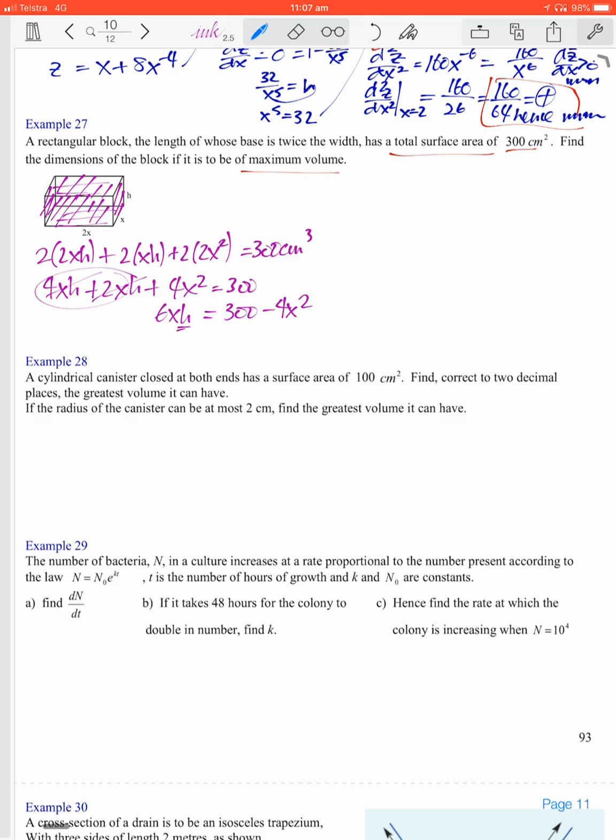And we want to get h by itself. So h equals 300 minus 4x squared on 6x. Okay, so we've got our height in terms of x. We now need to find our volume in terms of x.